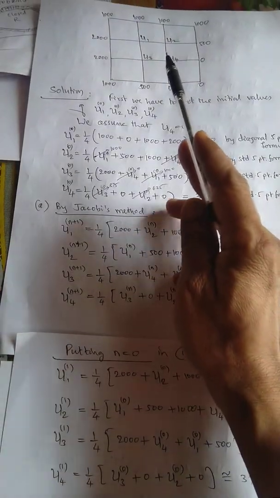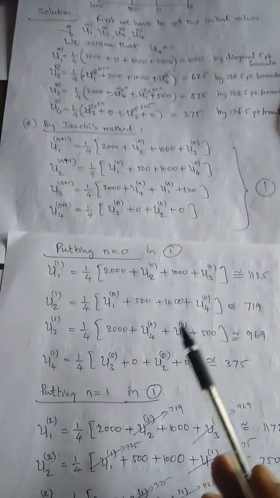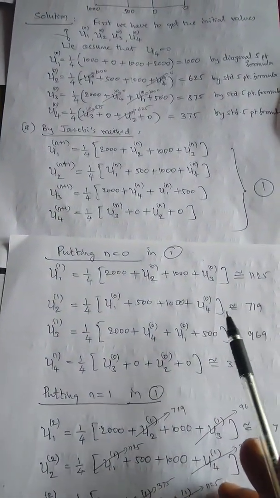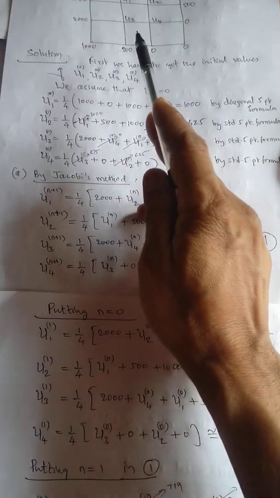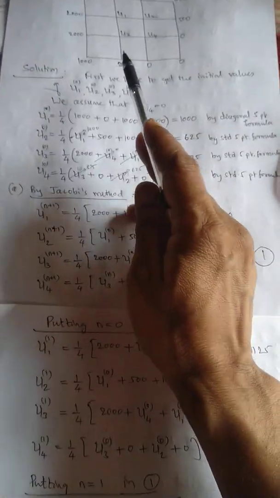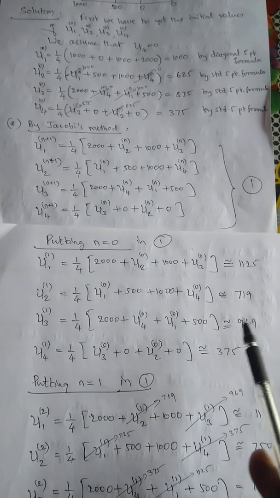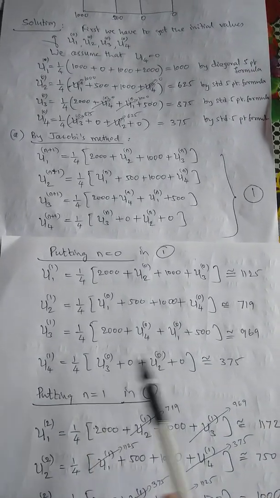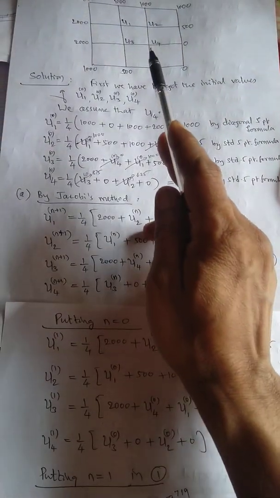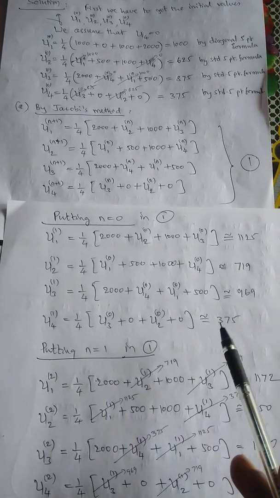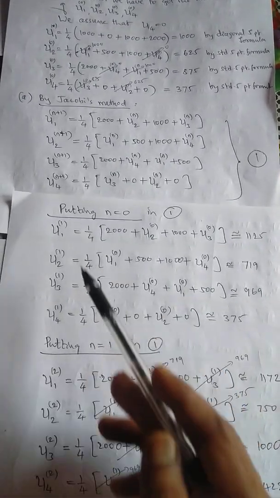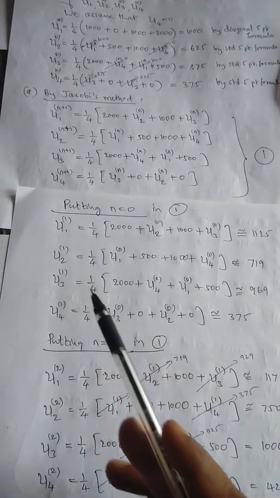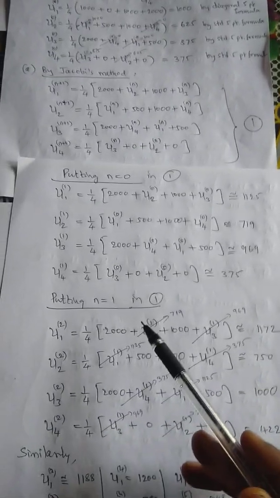First approximation of U2 is 799. First approximation of U3 is 969. First approximation of U4 is 375. So these are all first approximations of U1, U2, U3, U4.